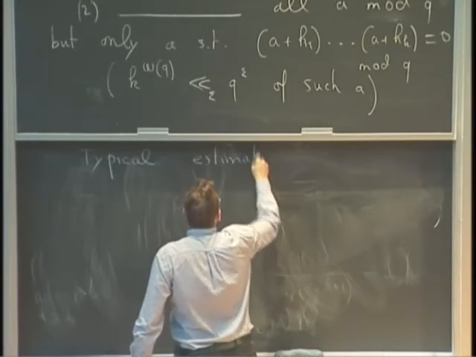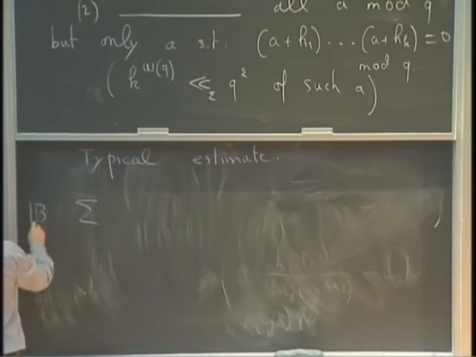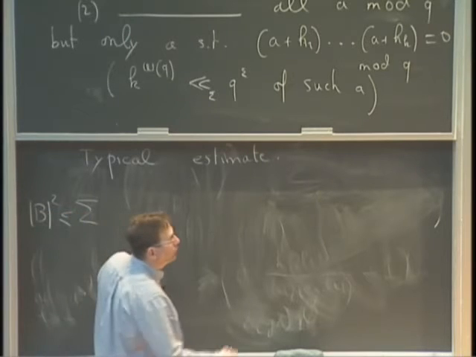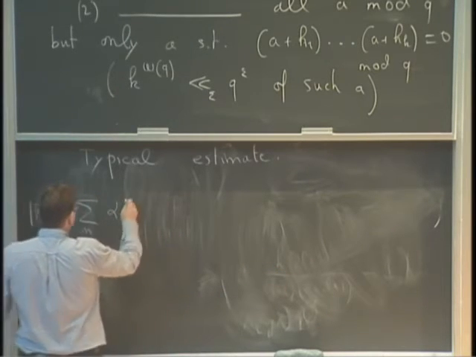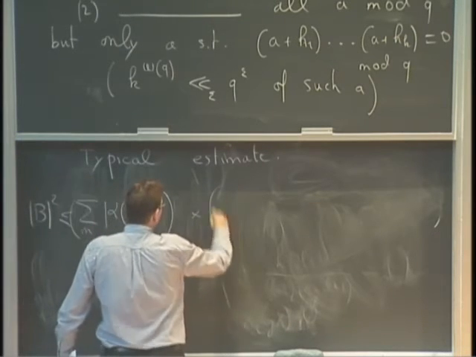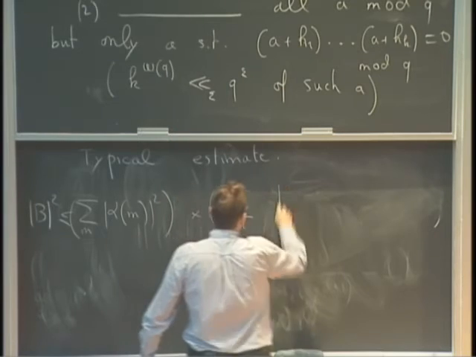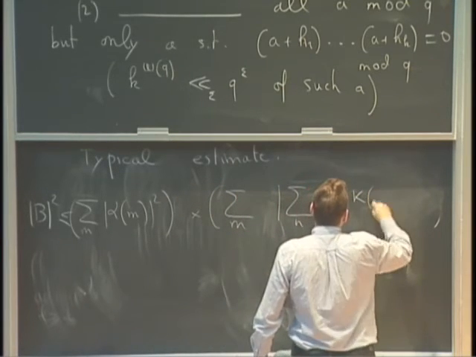So the typical estimate, always repeated many times, is to choose one of the variables and apply the Cauchy-Schwarz inequality. Let's say we view this as a sum over m of alpha m times the remainder. So you would have sum over m, sum over n, beta of n, kmn.